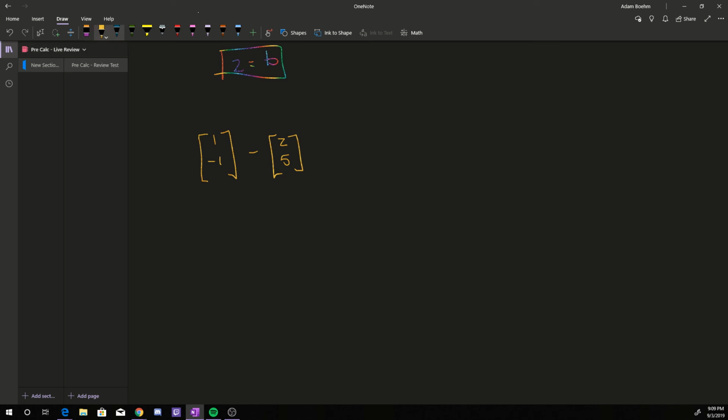So this 1 corresponds to this 2. And then this -1 corresponds to this positive 5. Alright, so if you do this, we have 1 minus 2 up top, and then -1 minus 5 down bottom. So 1 minus 2 is -1, and then -1 minus 5 is -6. So that's your new matrix.